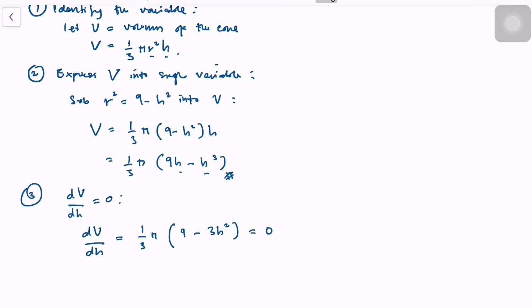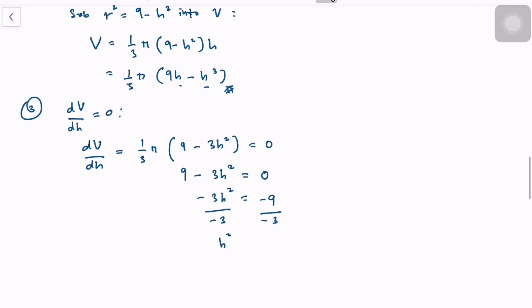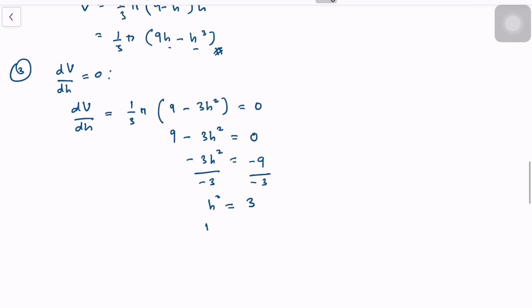And kita nak selesaikan ni, so by cross multiply, saya akan dapat 9 minus 3h squared equals to 0. Then minus 3h squared equals to minus 9. Dividing minus 3 for both sides, saya dapat h squared equals to 3. Then h is equals to plus minus 3.